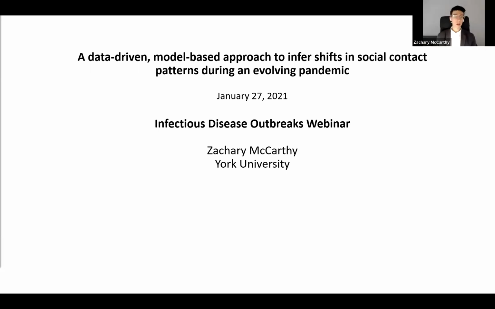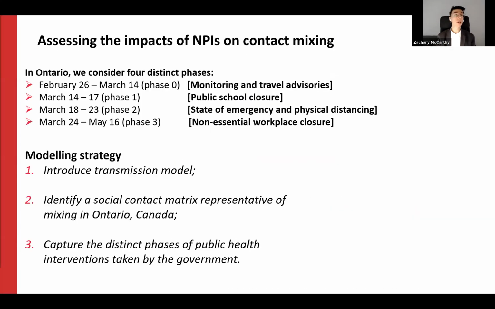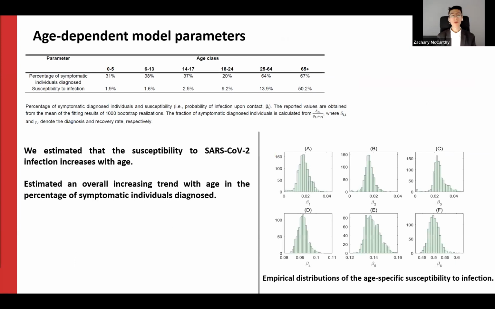Right. Thank you for your question. Maybe it would be good if I clarify exactly the result that we state in this work. Here, I'm just displaying the result mentioned. This is the percentage of symptomatics that were diagnosed. The sense here is that these estimates are increasing with age, and our thinking behind this is that typically cases are expected to be more severe as age increases.